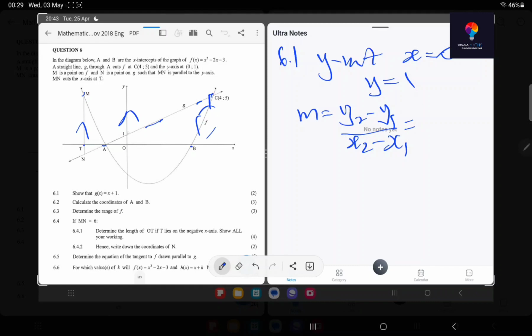We can use these 2 points, but we don't know both coordinates of point A, so we can use this point there. y2 is going to be 5, minus y1, which is the y-intercept, 1, over x2, which is 4, minus 0. 0, we take it from here because at the y-intercept x is equal to 0. 5 minus 1 is 4 over 4, so our gradient in this case is going to be 1.